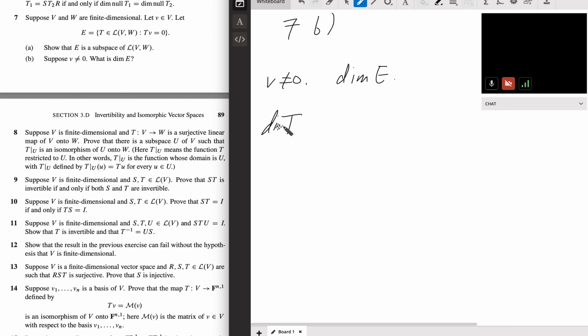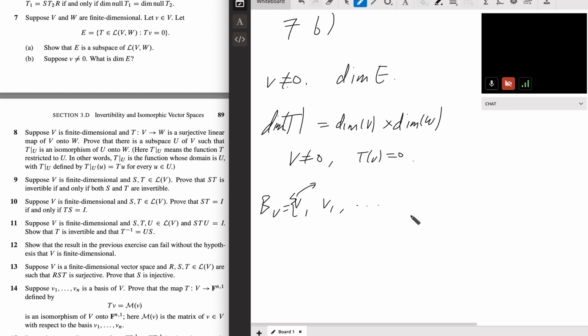So the dimension of the space of linear transformations from V to W, since V and W are finite dimensional, is just dimension of W times dimension of V. But since V, which is not 0, is mapped to 0 by such linear transformations, let's say we start with this V, and then we construct a basis of the vector space by expanding it into the full basis of V. Now let's say V has dimension n, then once you expand into the full basis, what you'll get is V1 through Vn minus 1. And then you want to map this element alone into 0, while the other elements are free to map to whatever they want.